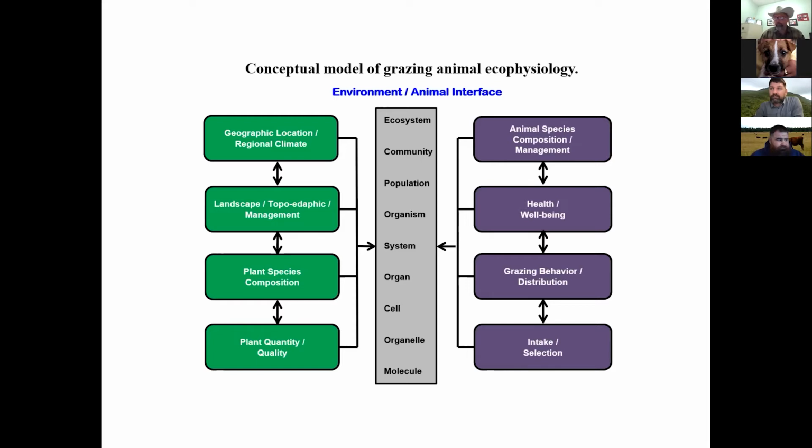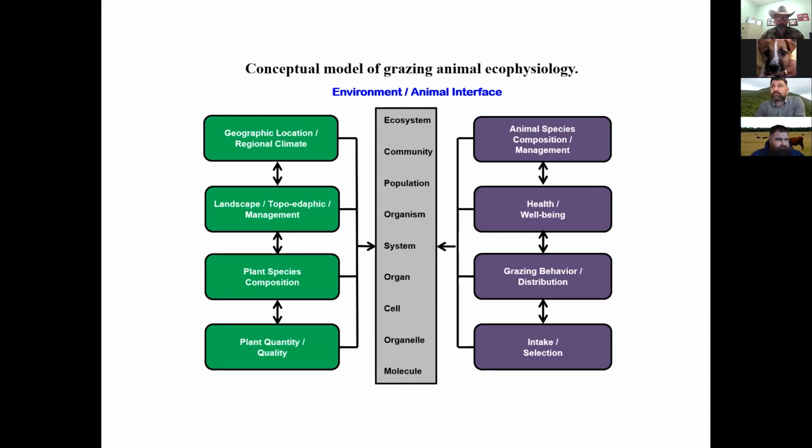Basically what this is saying is that effects that may happen at the cellular, molecular, organ system level in an animal may cross that interface and have effects or be affected by various scales on the plant side. Again, down to maybe the cellular level on the plant, all the way up to a landscape scale, and vice versa. So I really just kind of want you to think holistically here tonight.